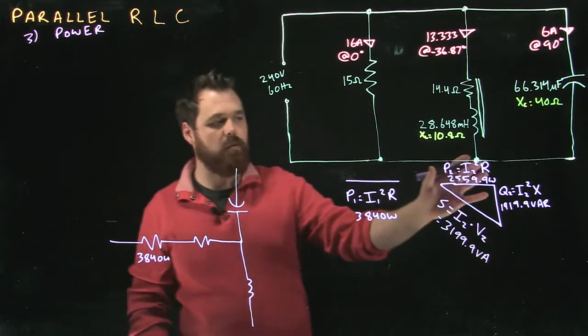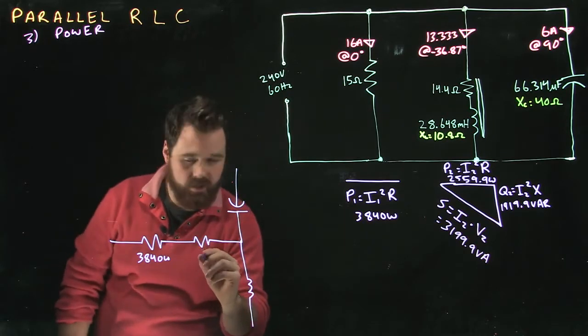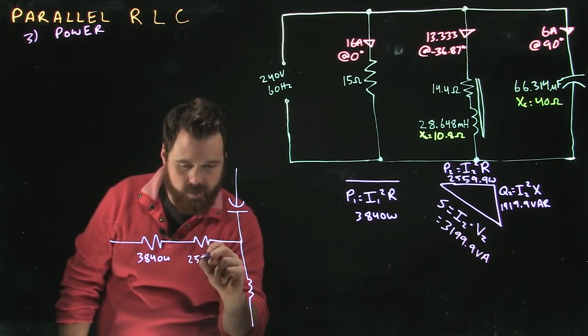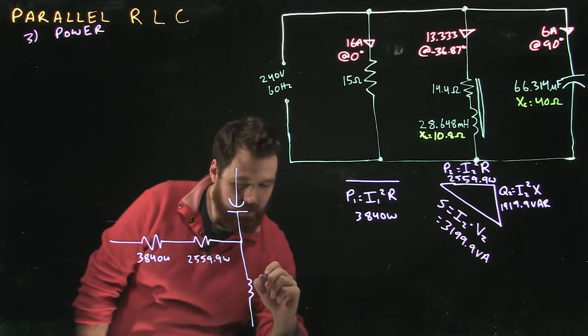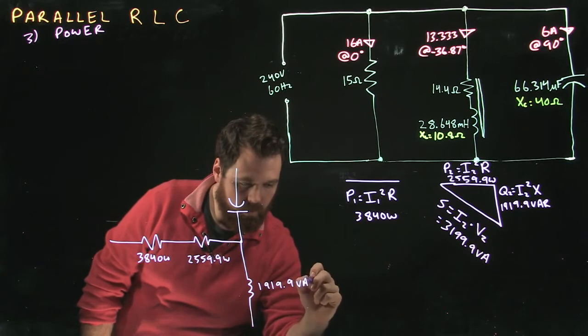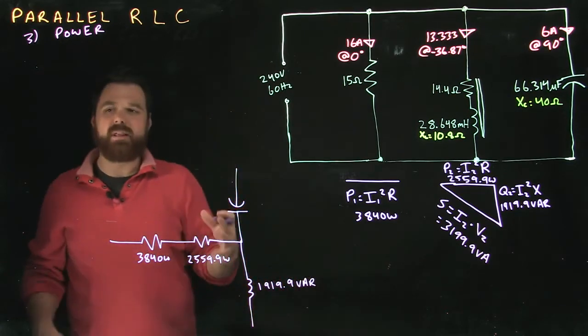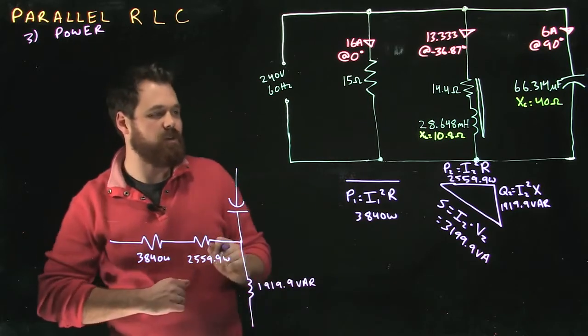So I can take my horizontal value and my vertical value and I can come put them over here. I got 2559.9 watts and I got 1919.9 VARs.